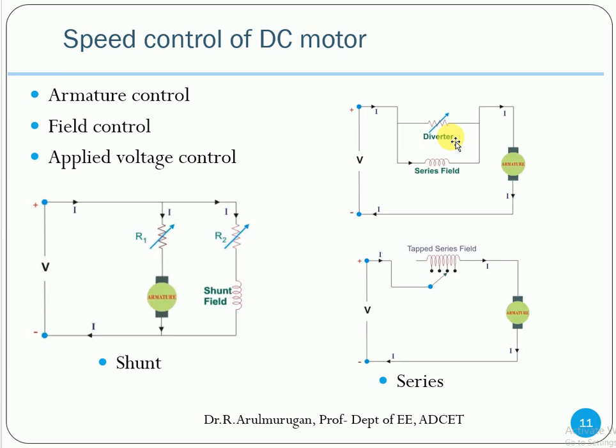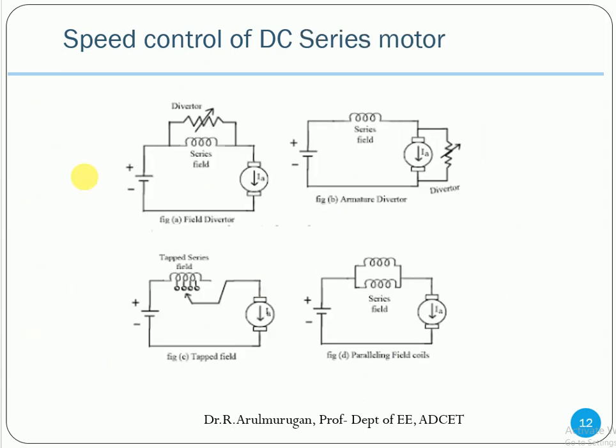Then what is the difference between the shunt field winding and the series field winding? More turns or fewer turns, thin wire or thick wire. That's the differentiation. Now, the series motor: field winding and armature winding are connected in series.